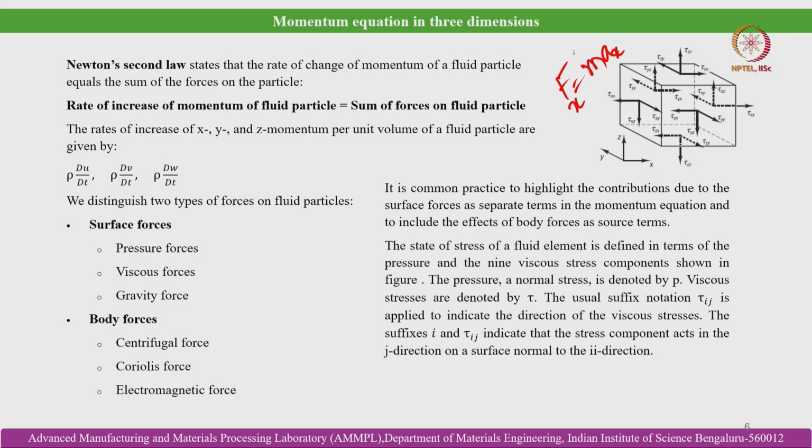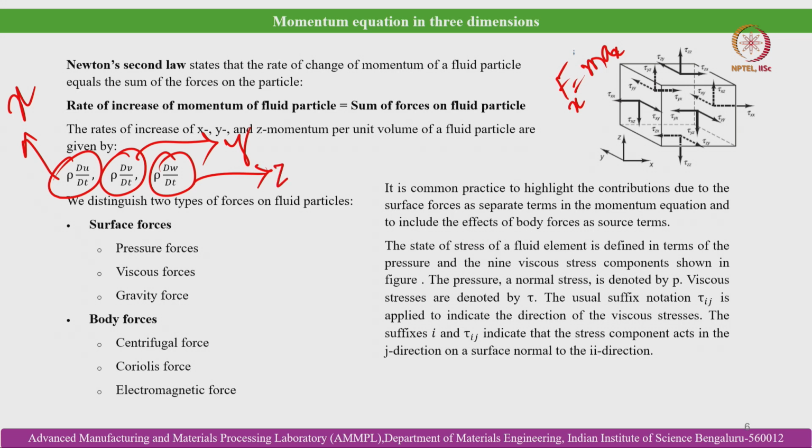The rates of increase of x, y and z momentum per unit volume of a fluid particle are given by rho du dt for the x direction, rho dv dt for the y direction, and rho dw dt for the z direction. So these are substantial derivatives.